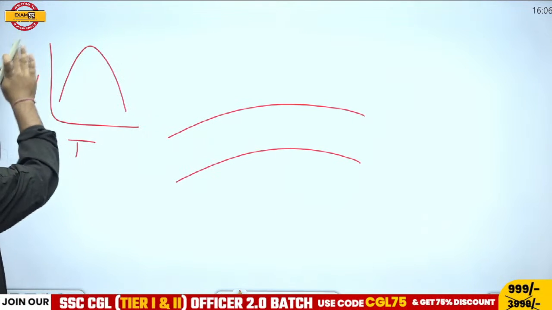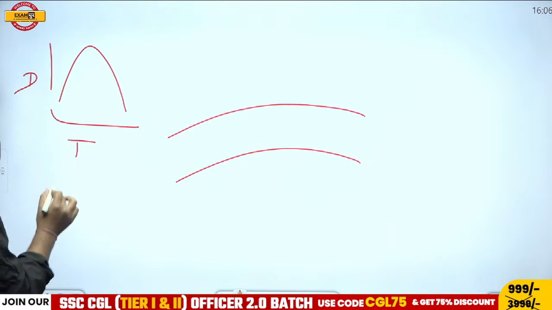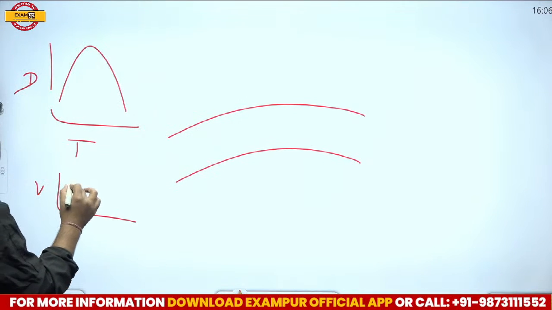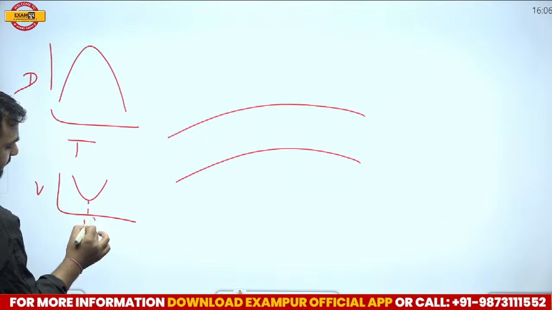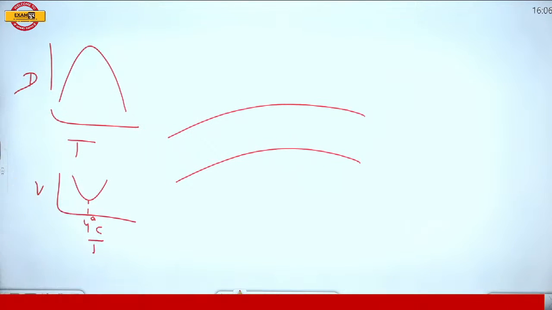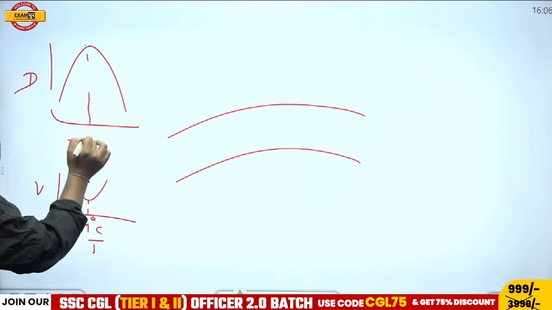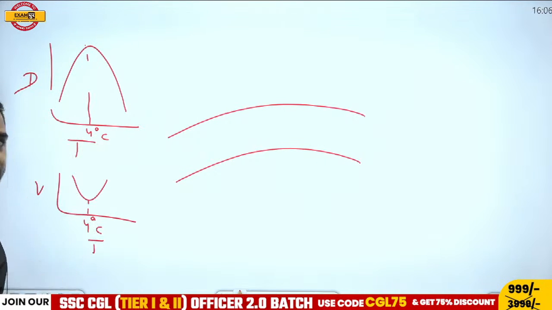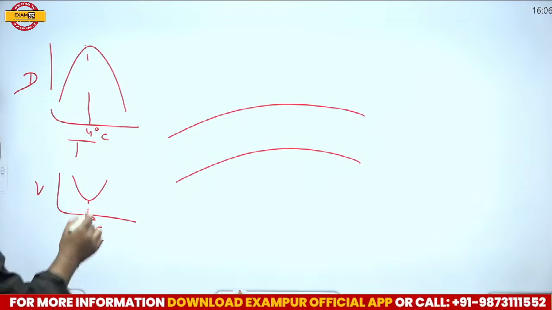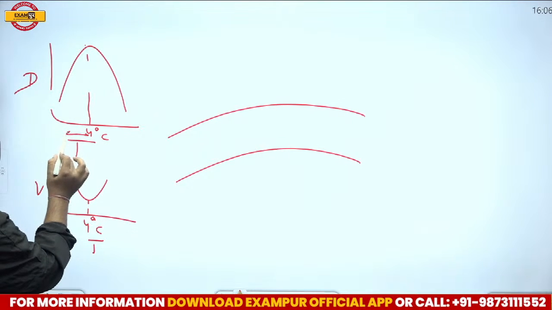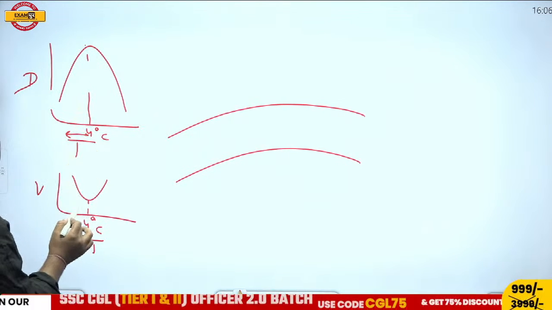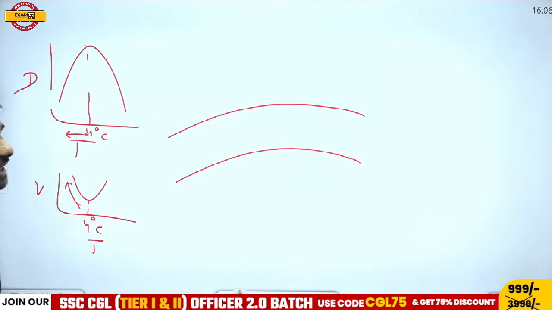Remember, this was for the density actually. If I talk about the volume, its graph is like this. At 4 degrees centigrade, it has the least volume, and at 4 degrees centigrade, it has the maximum density. Remember this part? So what happens when the temperature goes below 4 degrees centigrade? The water is actually expanding, where volume is actually increasing.